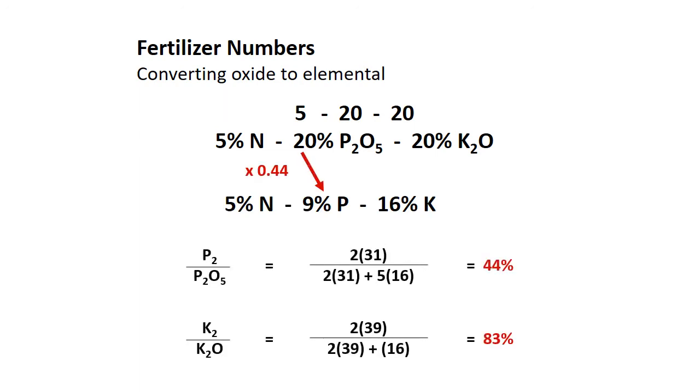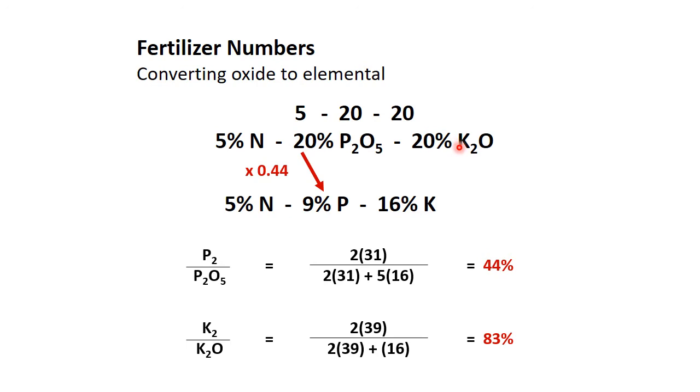All right, so to go from 20% P2O5 to the percent of phosphorus, if we determine the molecular weight of phosphorus out of the total molecular weight of P2O5, we find that phosphorus is 44% of the molecular weight of P2O5. So that means we could take this percent times 0.44, and we get 9.